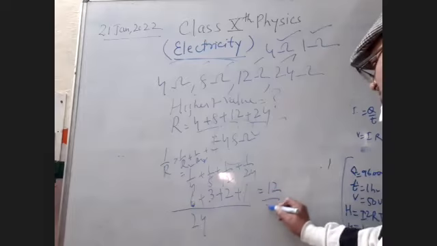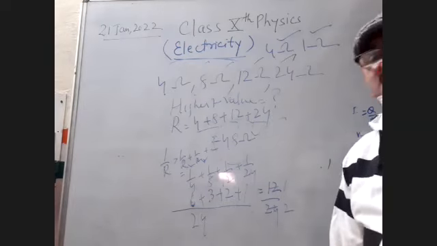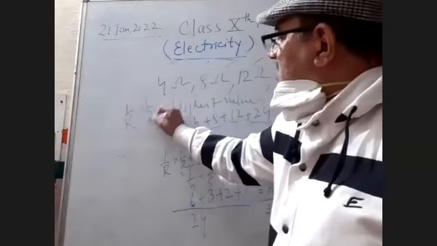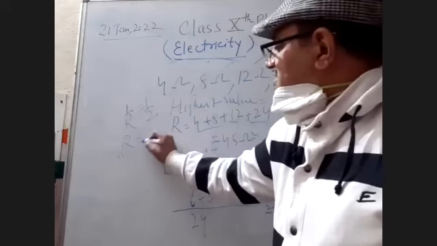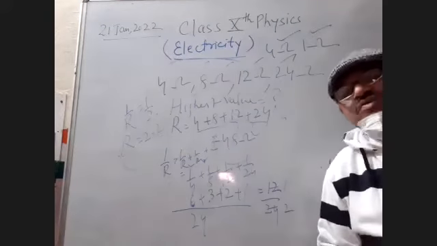So 12 by 24, 12 ones are 12, 12 twos are 24. Means 1 by R is equal to 1 by 2, and R is equal to 2 ohm.